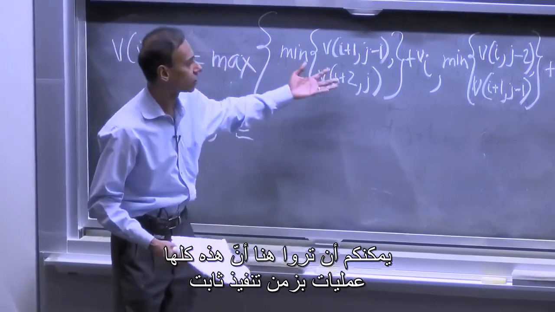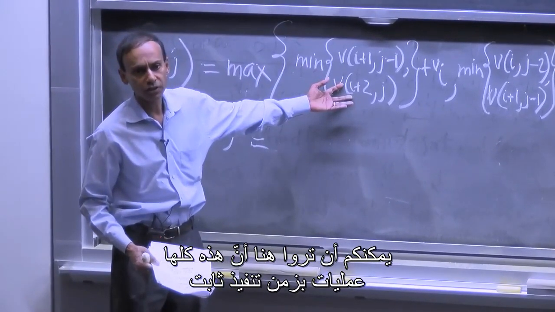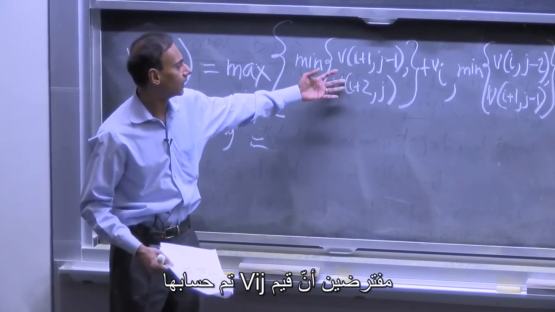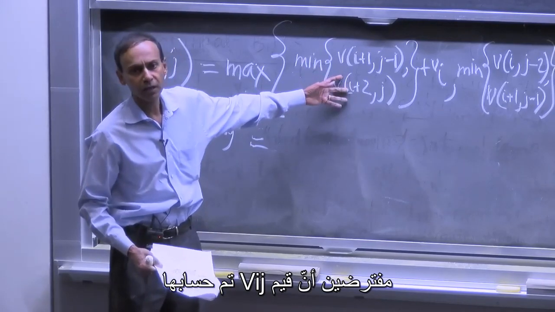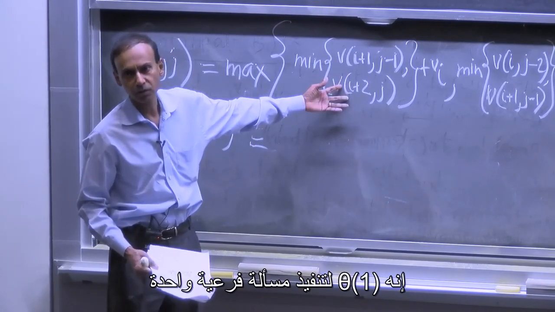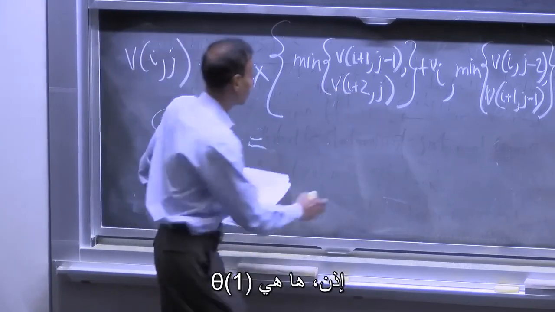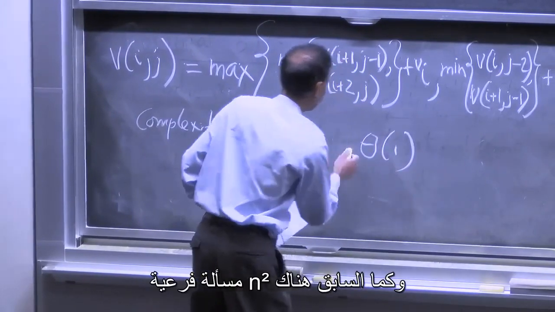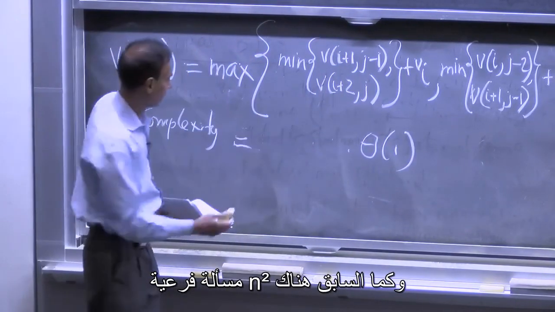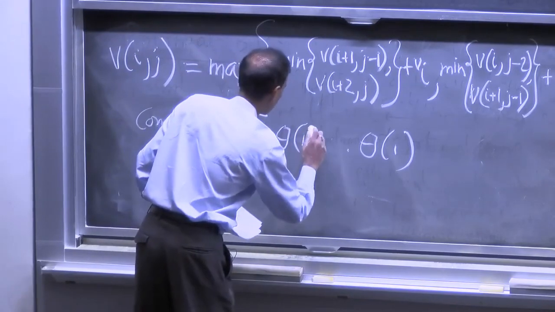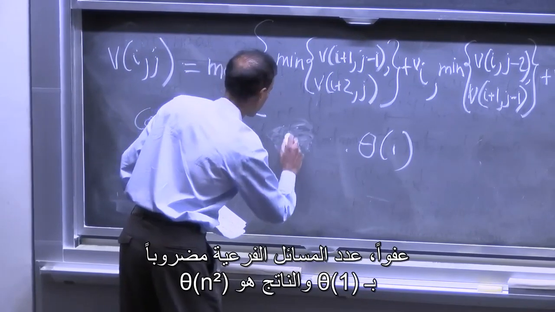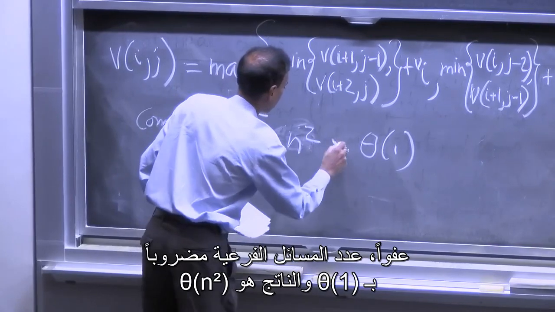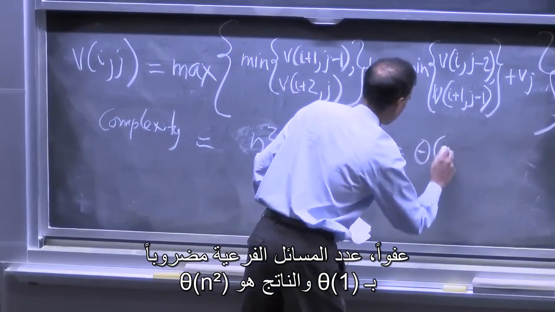You can see here that these are all constant time operations. So assuming that the V(i,j)'s have been computed, it's theta 1 time to compute a subproblem. And as before, there are n squared subproblems, which gives theta n squared.